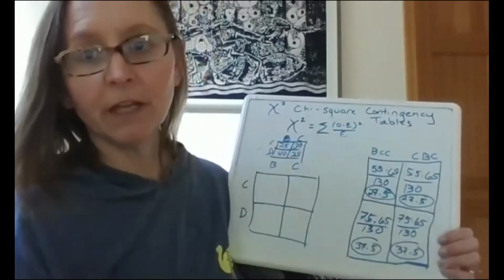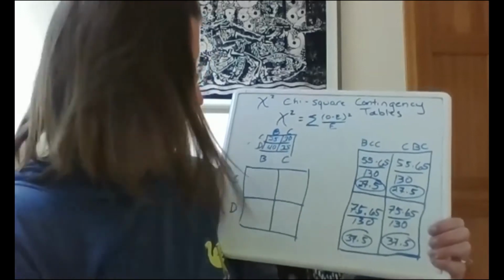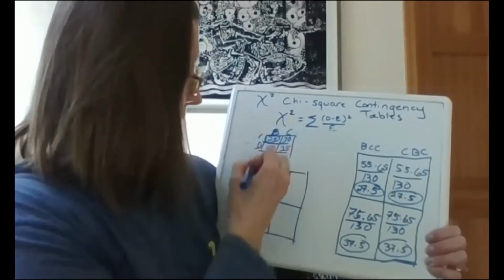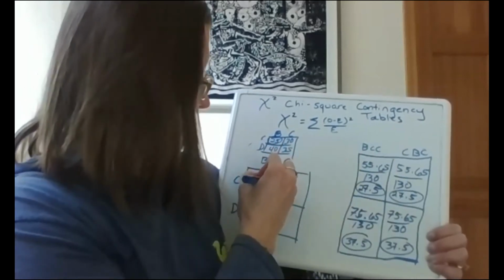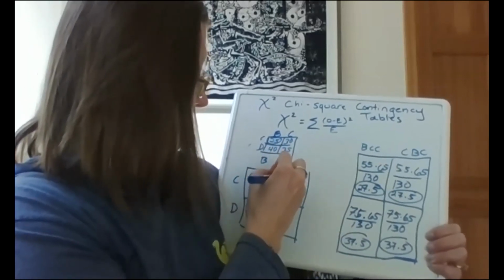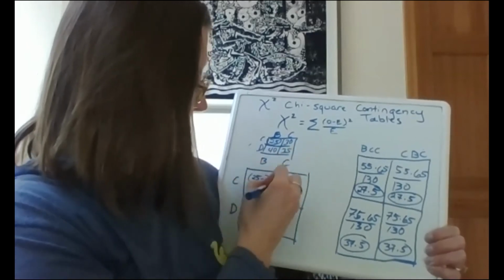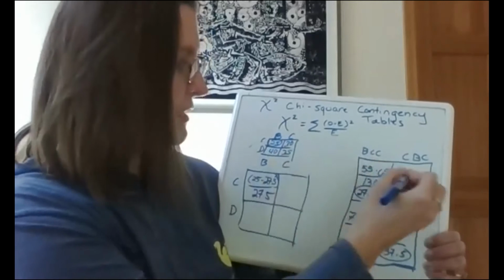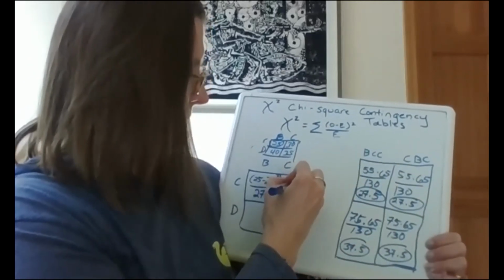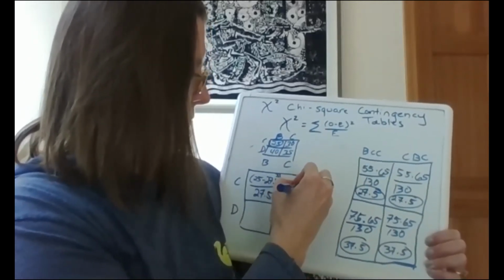Okay, and this is where we plug in the chi-squared equation. And so we take our observed value, and this field is 25 minus expected, and then you square that value, and then you divide again by your expected value. You do that for each cell in your table.